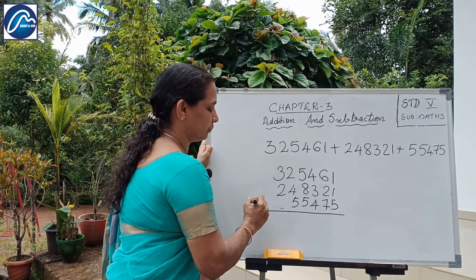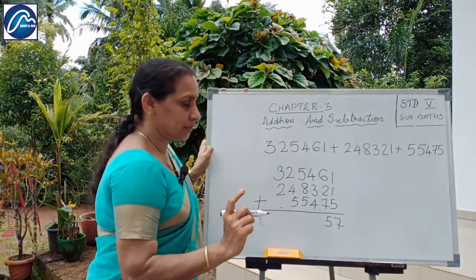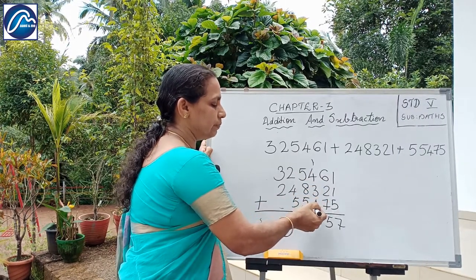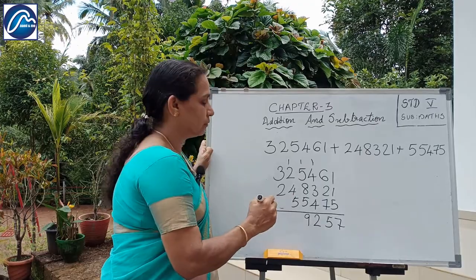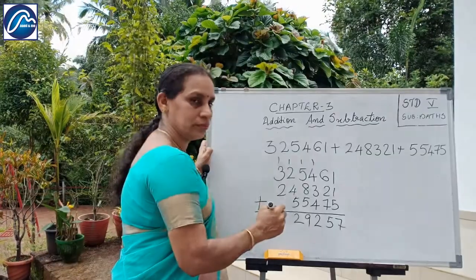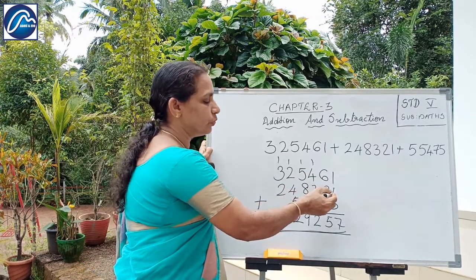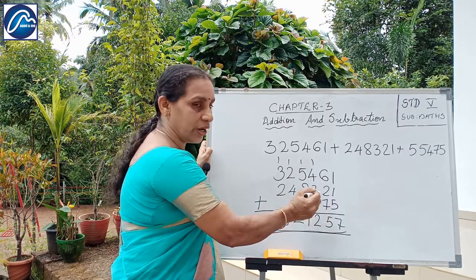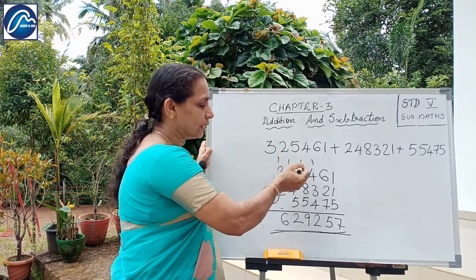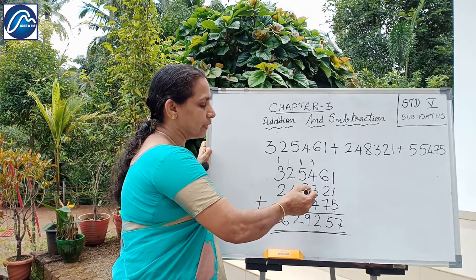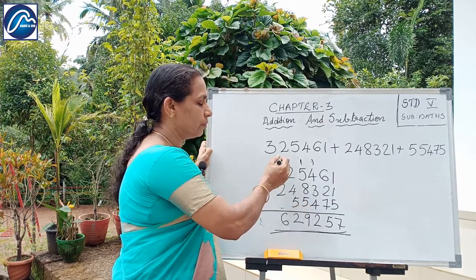Now let us add. 1 plus 1, 2, 2 plus 5, 7, 15, and 1 is carry over. 5 plus 3, 8, 8 plus 7, 15, 5, and 1 is carried. 4 plus 1, 5, 5 plus 3, 8, 8 plus 4, 12, 2, and 1 is carried to the 10,000 place. 1 plus 5, 6, 6 plus 8, 14, 14 plus 5, 19, 1 is carried. 1 plus 2, 3, 3 plus 4, 7, 7 plus 5, 12, 1 plus 3, 4, plus 2, 6.